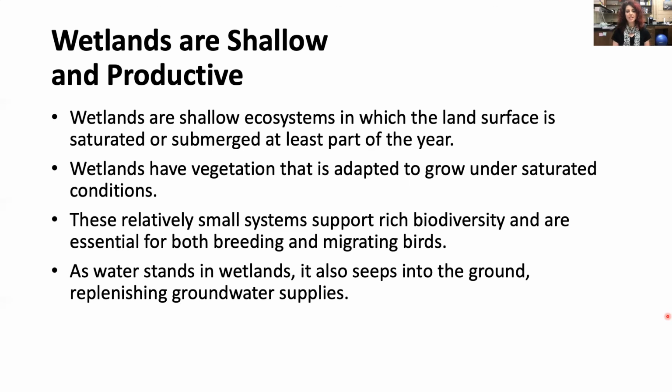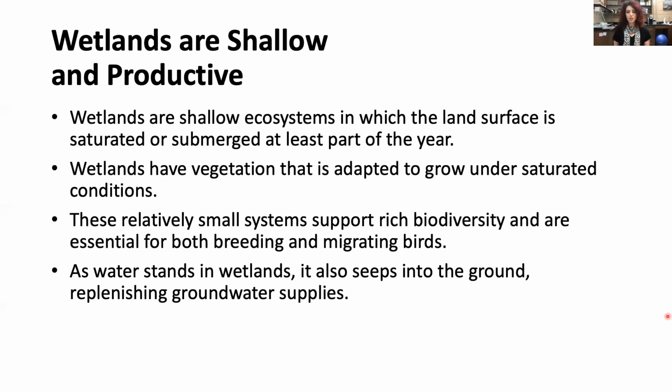So, wetlands retain stormwater and reduce flooding by slowing the rate at which rainfall reaches the river systems. So not only do they provide ecological services for the animals that depend on them to live and reproduce and carry out their life, they also provide ecological services to humans by slowing floods down.